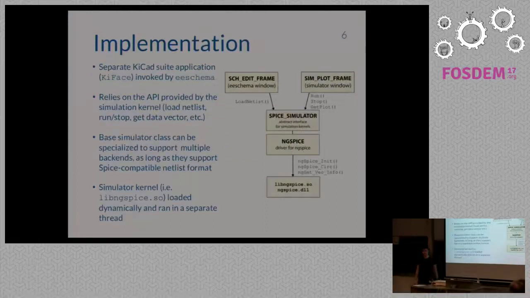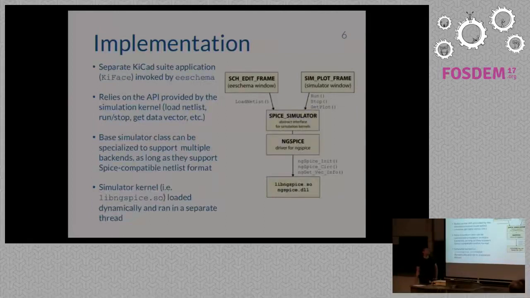So, how did we implement it? Basically, the simulator is a separate KiCad application that is linked together with the schematic editor. So we have two editor frames, the schematic frame and an associated simulator frame that runs in a separate window.